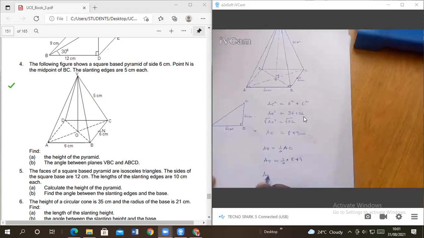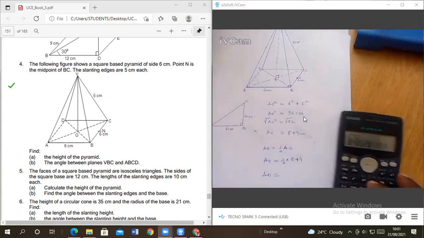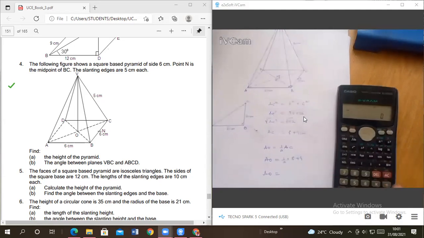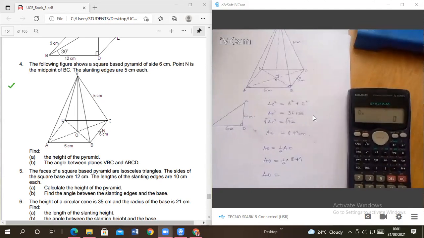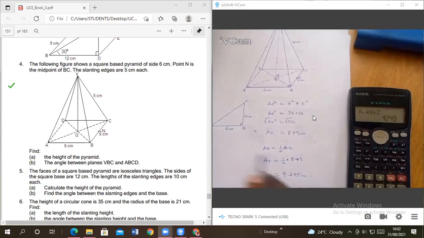So AO equals to, 8.49 divided by 2, what do you get? 4.245. 8.49 divided by 2, you get 4.245 centimeters. So that is AO.